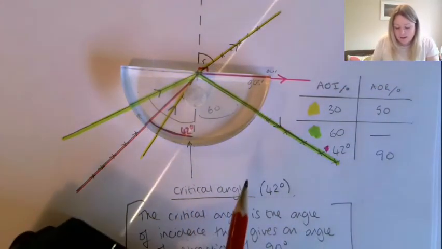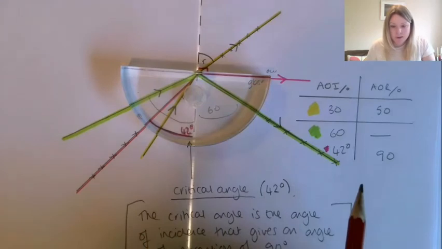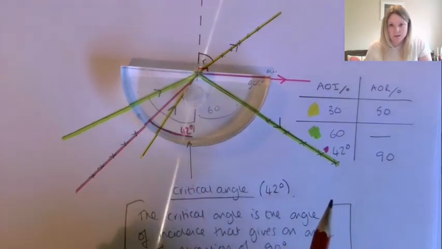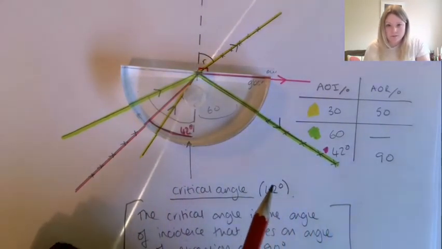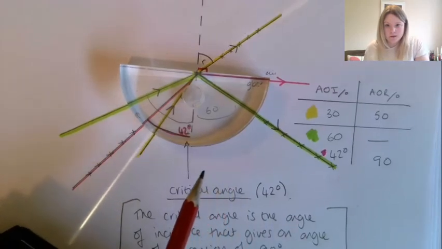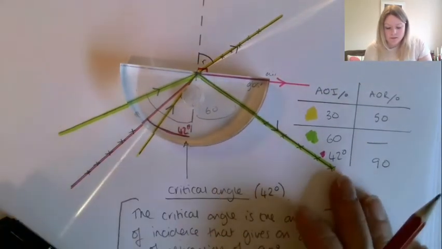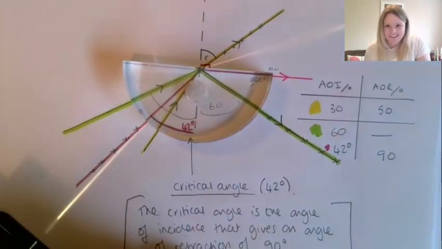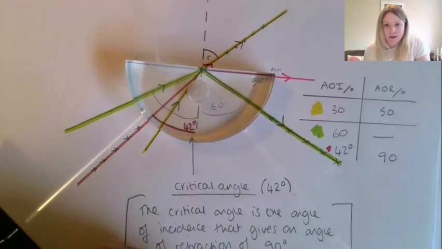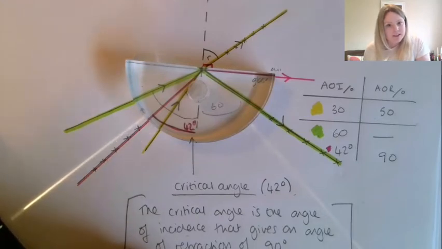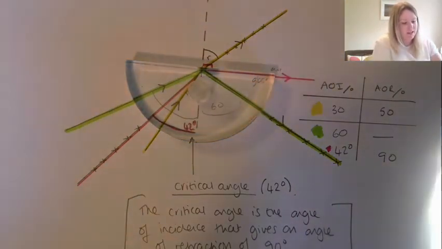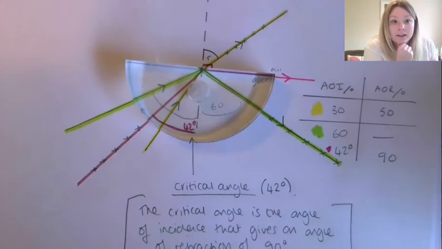So any angle of incidence up until that pink line, up until an angle of incidence of 42, will cause the light to refract the way that we're used to. But as soon as, I'm sliding everything all over the place here, sorry, as soon as we go past that line, then no light gets refracted and it all gets totally internally reflected. That is cool. You can't even pretend that it's not.